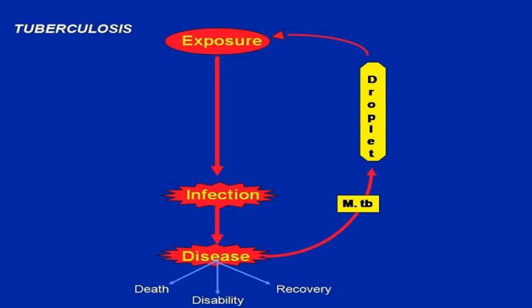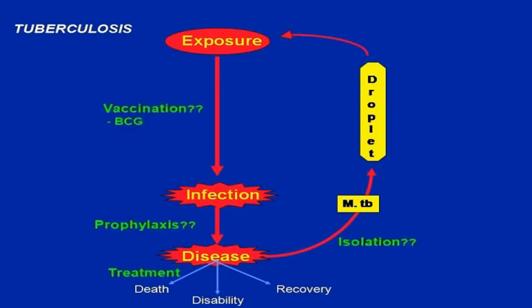This is the cycle of TB. TB may have some symptoms such as cough. There may also be asymptomatic TB, but in this situation, how do you put some control? Where do you cut this cycle from here to here?